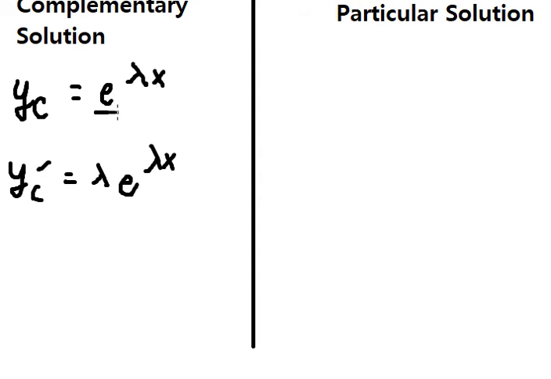We keep the same e to the power of lambda s, and then take the derivative of lambda s, and you get lambda. Now we go to the second derivative of yc, and we have lambda squared e to the power of lambda s.